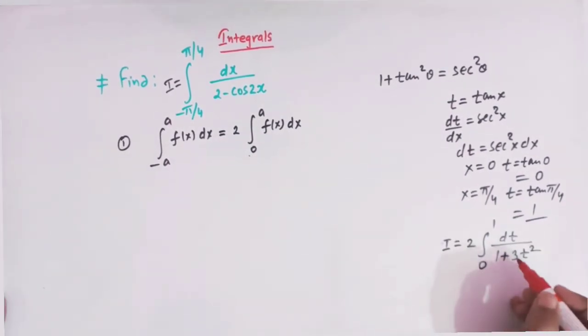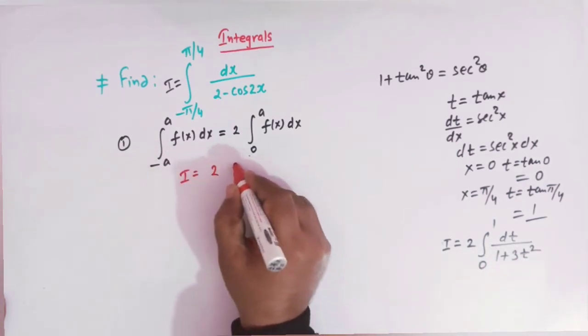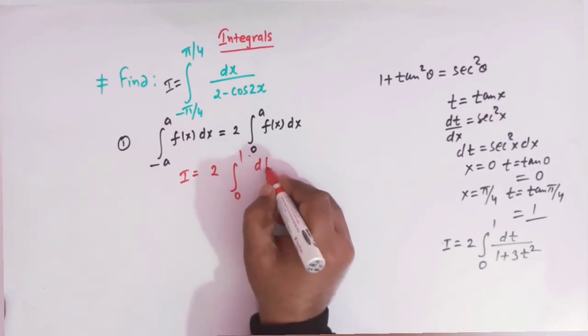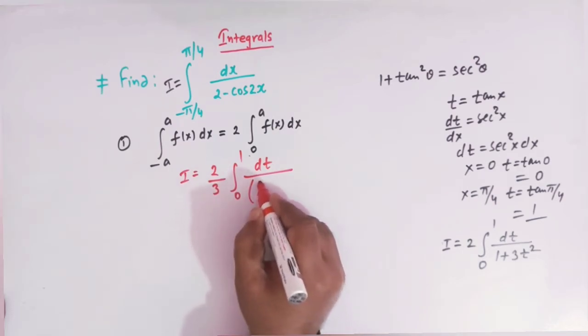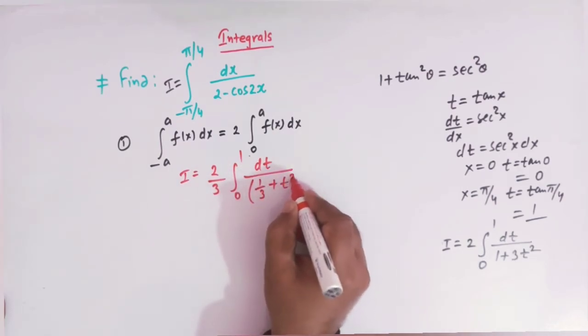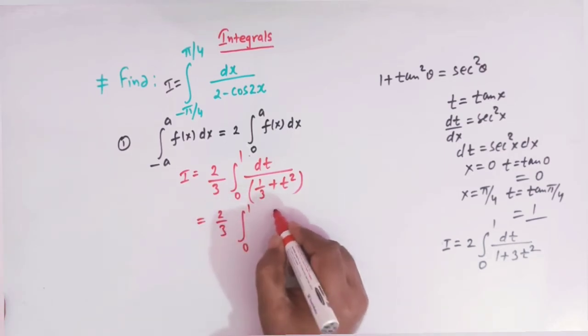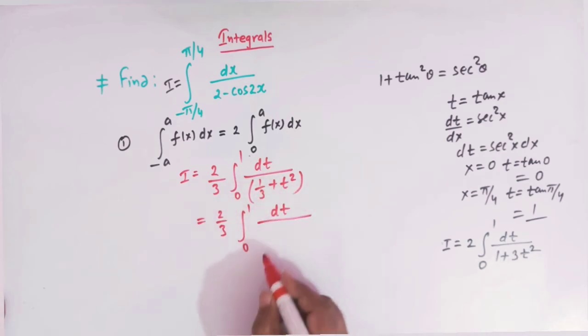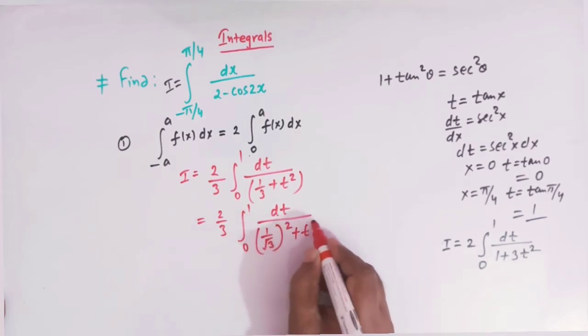So now let us solve this integral. What we will do here, we'll take 3 common from 1 plus 3t square. So I can be written as 2 times the integral from 0 to 1 of dt, and if we take 3 common, we'll get 1 over 3 times 1 over 1/3 plus t square, right? Now we can write this integral as 0 to 1 dt, and here we can write 1 over square root of 3 square plus t square, right?